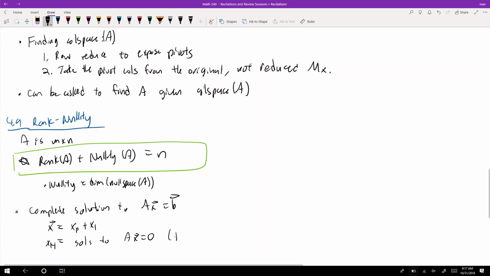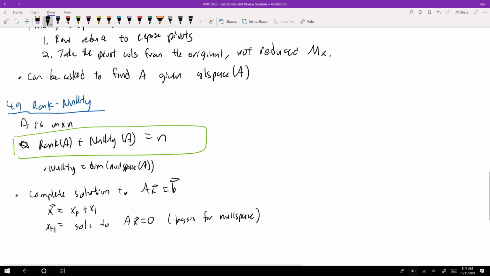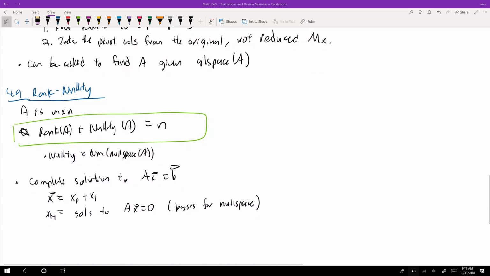So it's a basis for the null space. And then x_p is any solution to Ax = b.